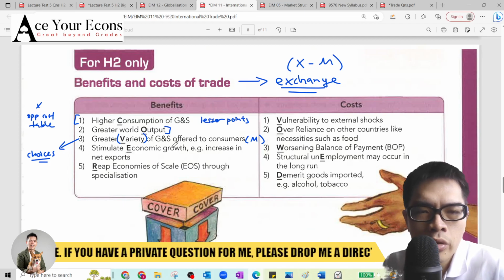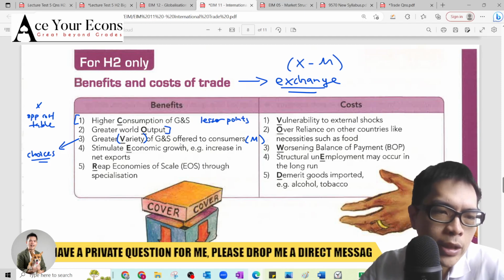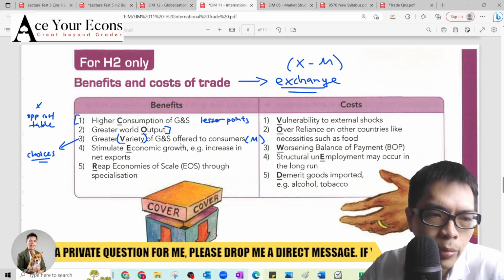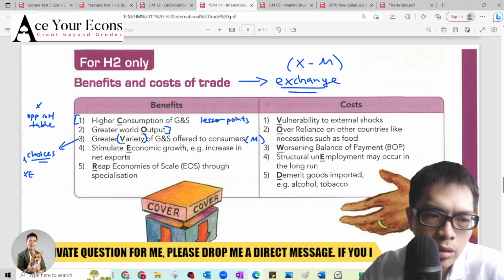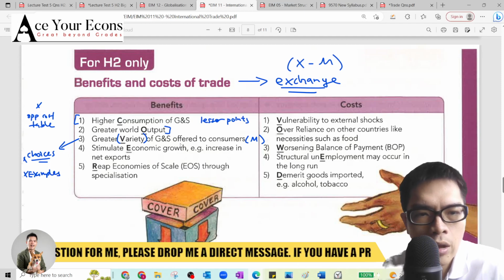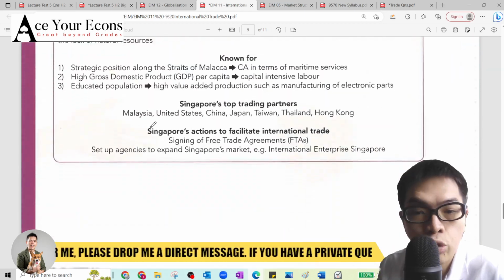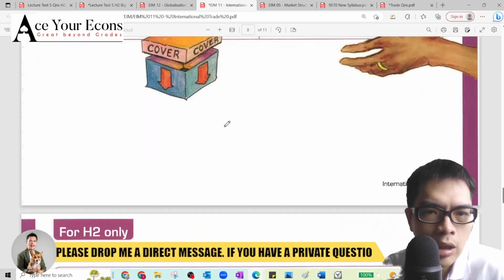So variety. And make sure when you develop this point, you also want to bring in examples. What kind of examples can you consider? You can also borrow some concepts from intra-industry trade, which I covered last week.